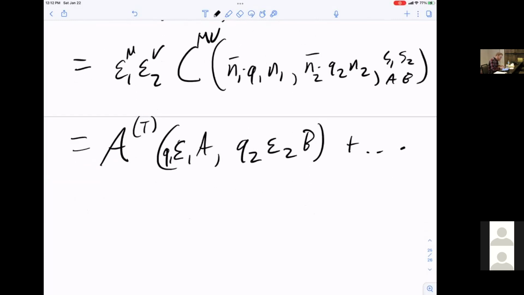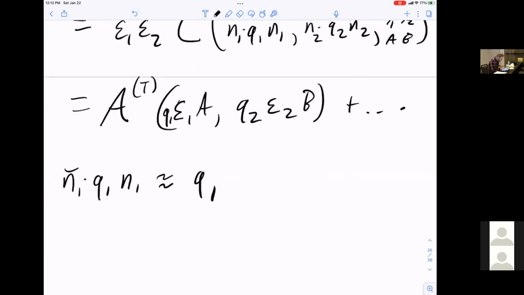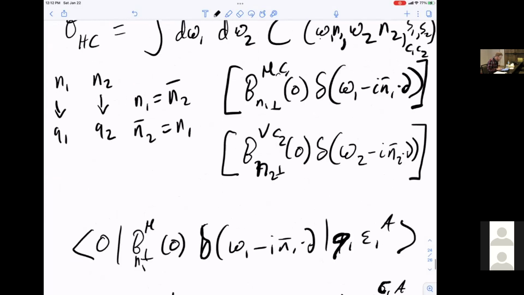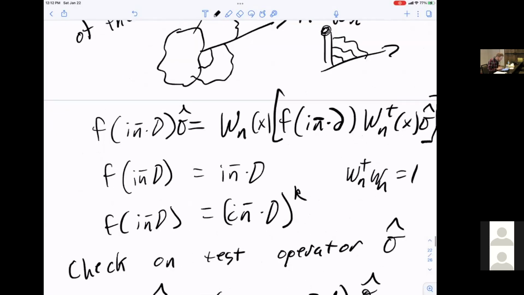And that's going to be simple because we know that is true up to power corrections. I can actually put eyes here. So now I can figure out what this C had to be just by going all the way back up.